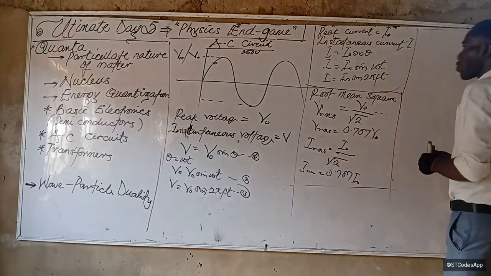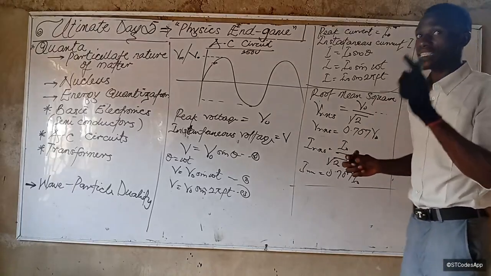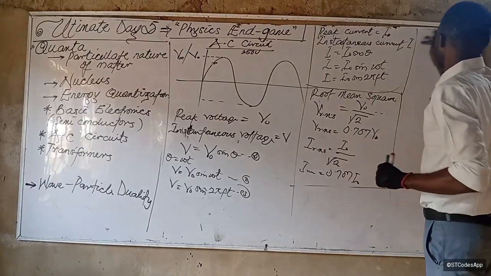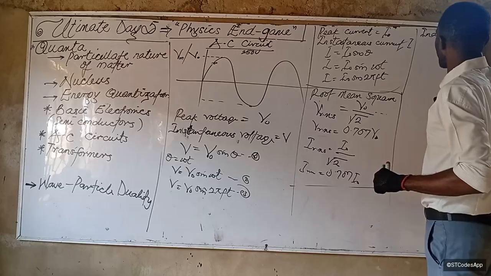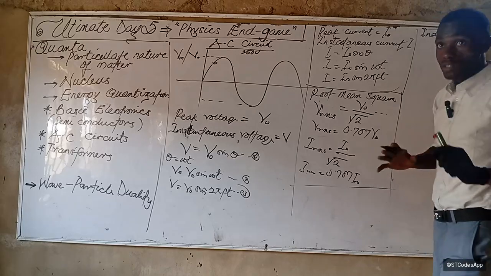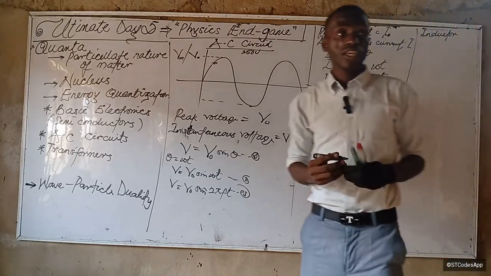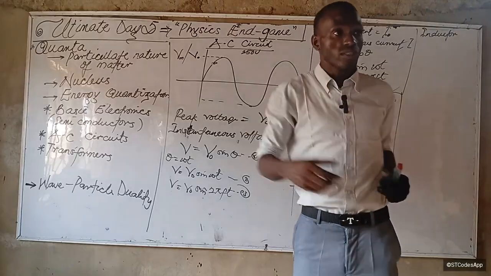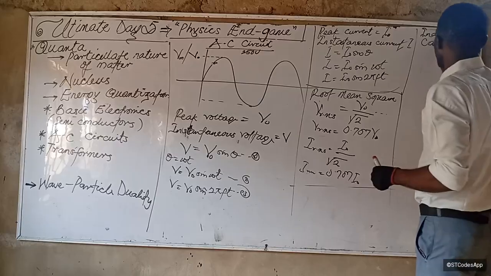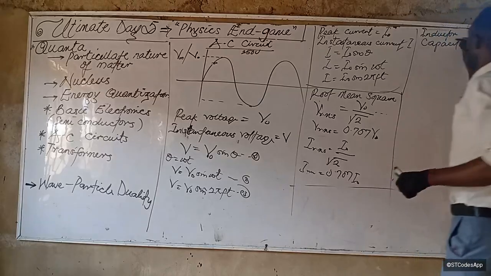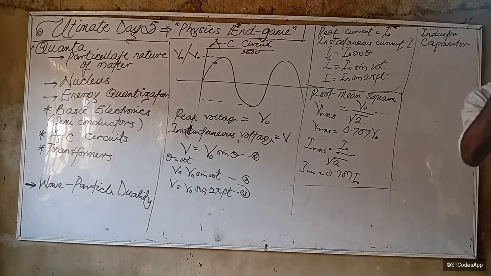Okay. So we are going to first consider a case where we can either connect an inductor alone to the circuit, and we call it a purely inductive circuit. If we connect a capacitor alone, we'll call it a purely capacitive circuit.